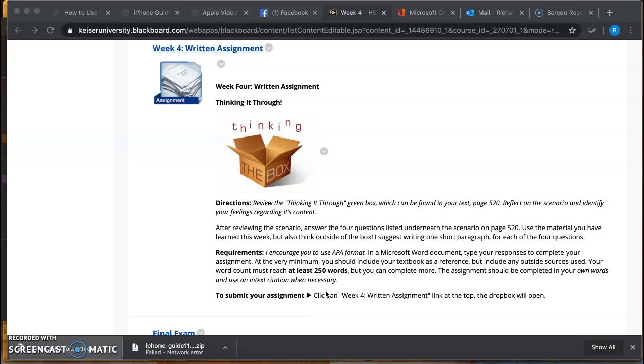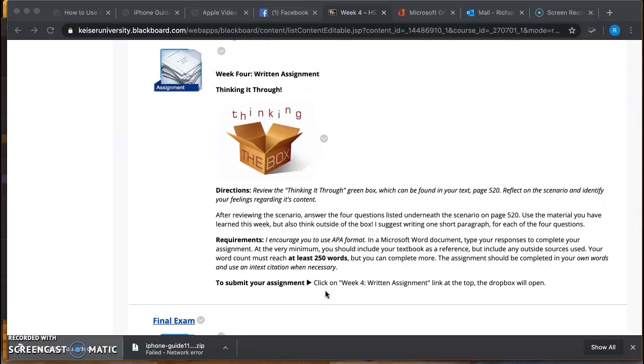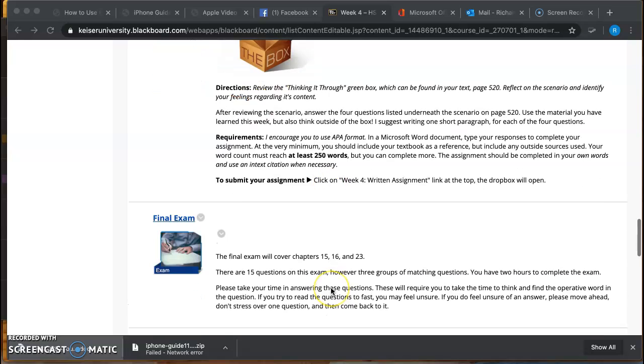At minimum, you should be citing and referencing your textbook because that is where you're gaining this information from, and that's where you should be answering the questions from. Your paper should be at least 250 words long. It should be double spaced, and everything that goes with APA. If you have any questions on that, please let me know.